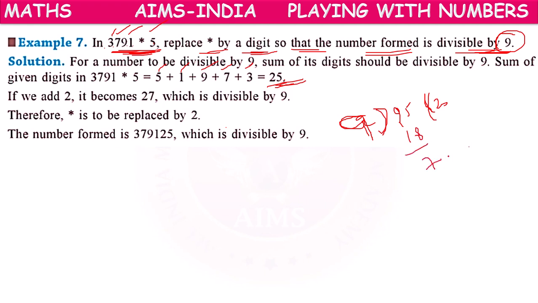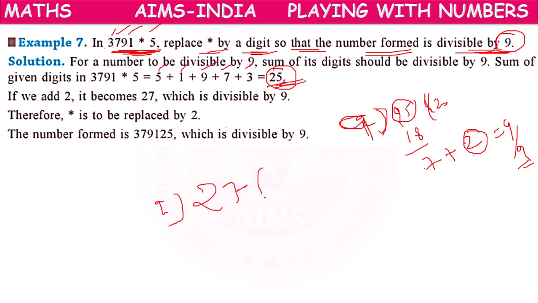Means if we add what number, it will be divisible by 9. For 7, if we add 2, then we will get 9, which is divisible by 9. So for this 25 we have to add 2 and make it 27.